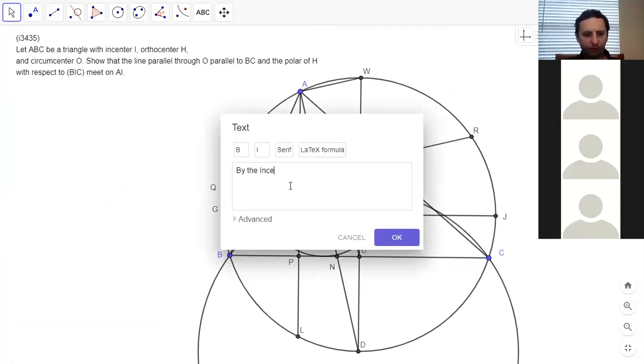By the incenter-excenter lemma, the center D of the circle BIC is the midpoint of arc BC.